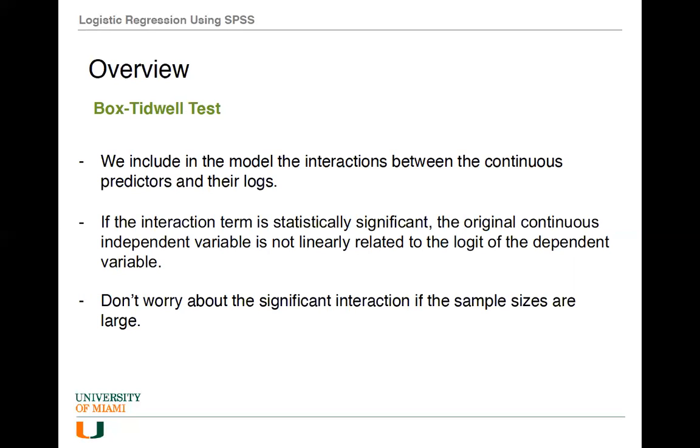And this test actually is a function of sample size. So sometimes if you have a large sample size, you will get significant interaction results. So don't worry about the significant interaction if the sample size is too large.